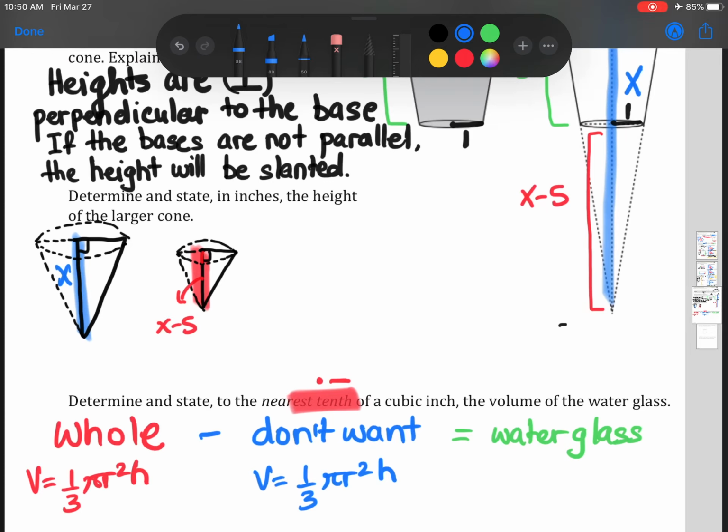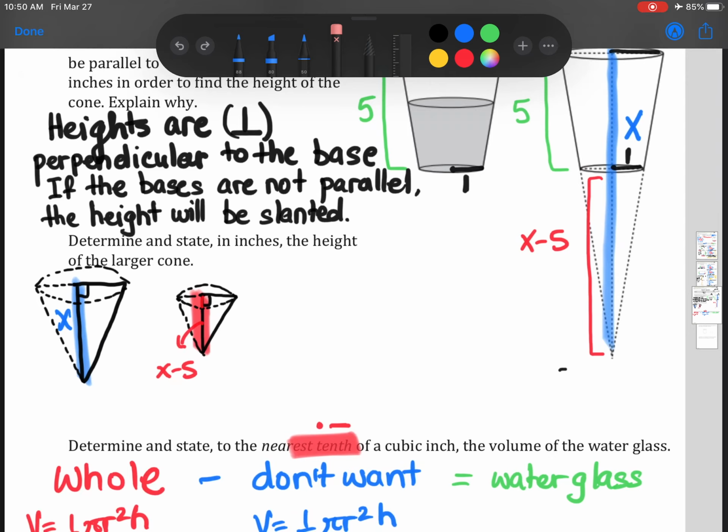What do we know about these cones? They are similar, right? So we set up a proportion, right? We call this larger length x. I'm going to zoom. So I said this whole thing in blue is x, right? We knew the height of the glass was 5.